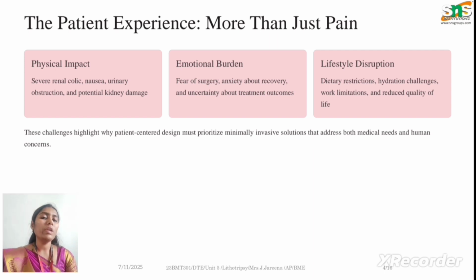On the whole, the outcome is that they are finding challenges, so they want things to be very clear about doing surgery non-invasively, which meets both physical needs and human concerns. So this is the major challenge.